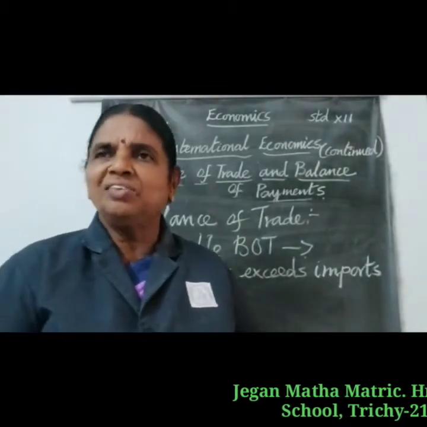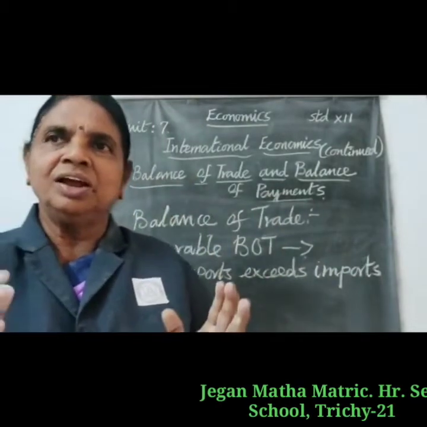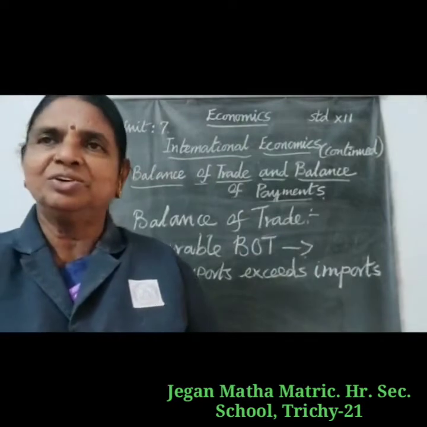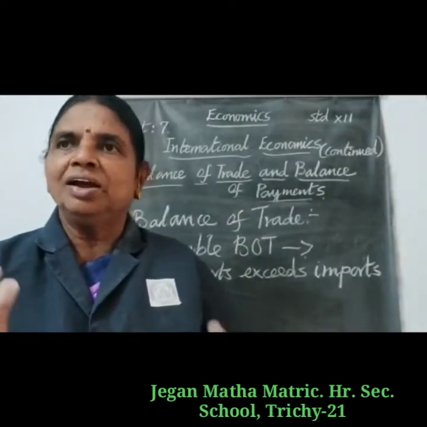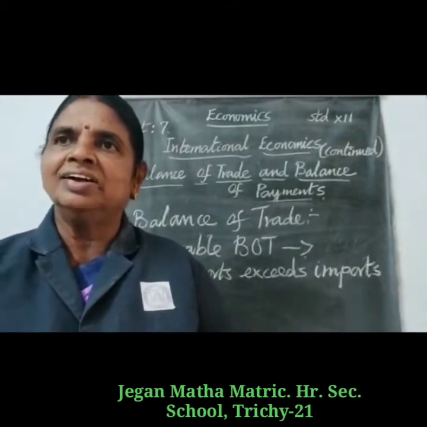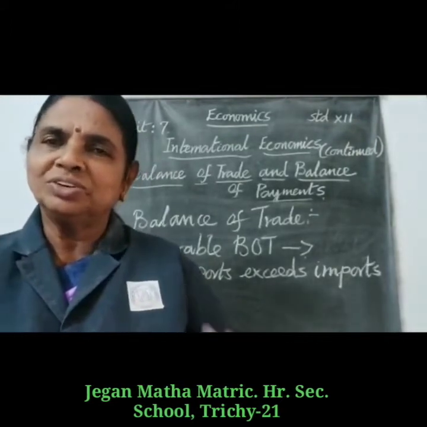Then what is unfavorable balance of trade? If total value of commodity exports of a country is less than the total value of commodity imports of that country, then that country is having unfavorable balance of trade.